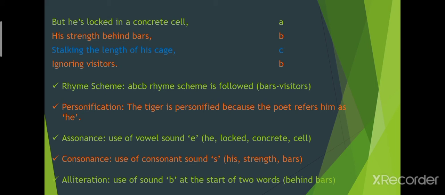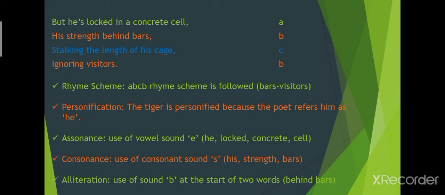So, in the fourth stanza, the poet had used the most common techniques called rhyme scheme, personification, assonance, consonance, and alliteration. The rhyme scheme of this particular stanza is A, B, C, B, because the sound of the last word of the second line and the sound of the last word of the fourth line are similar to each other.